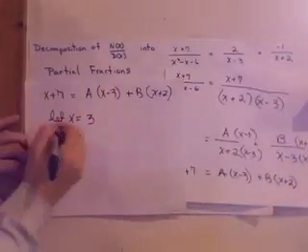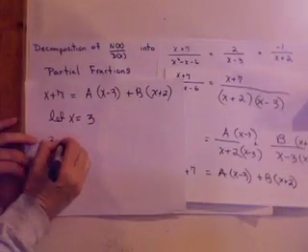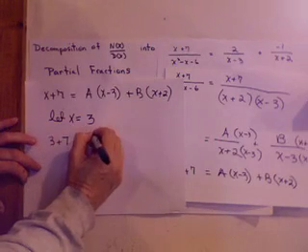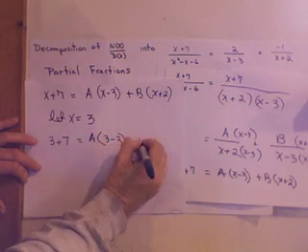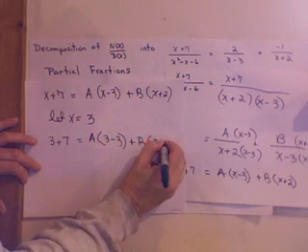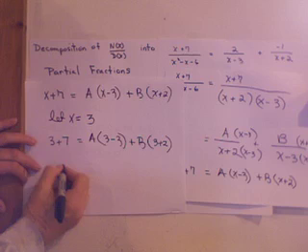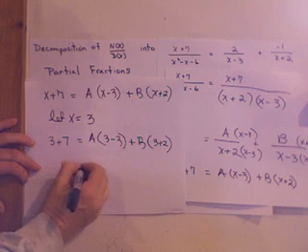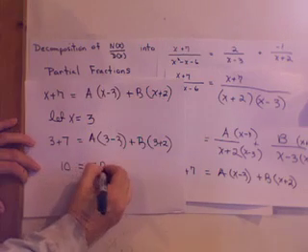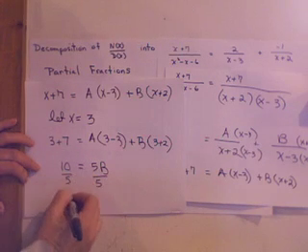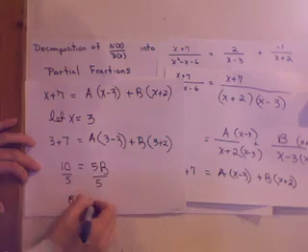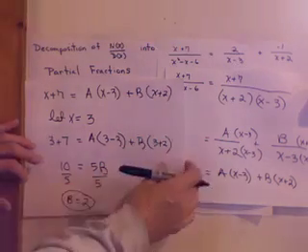When x is 3, I get 3 plus 7 equals A times 3 minus 3 plus B times 3 plus 2. That becomes a 0, so I get 10 equals 5B. Solving for B, I get B equals 2. So there's the other top of the fraction.